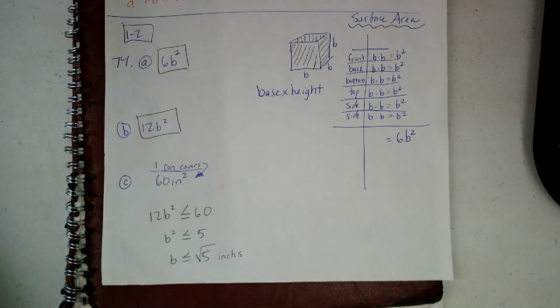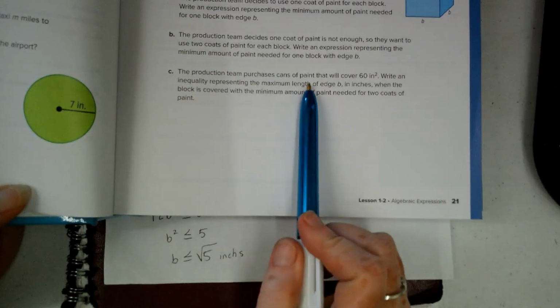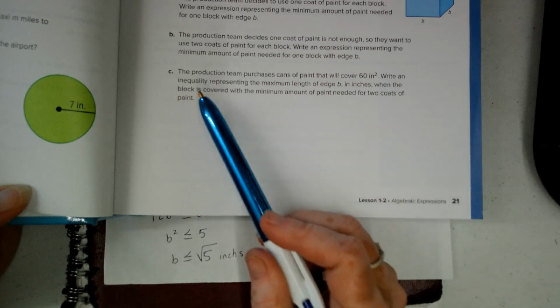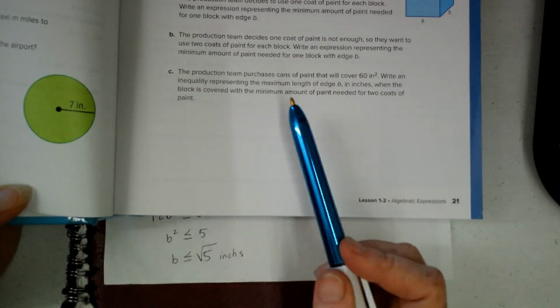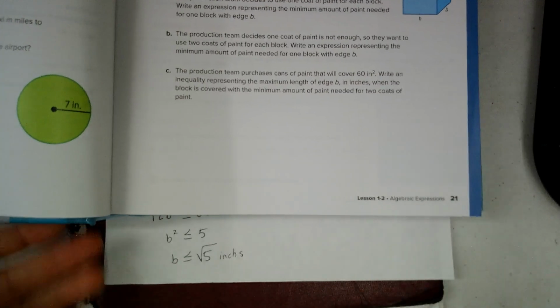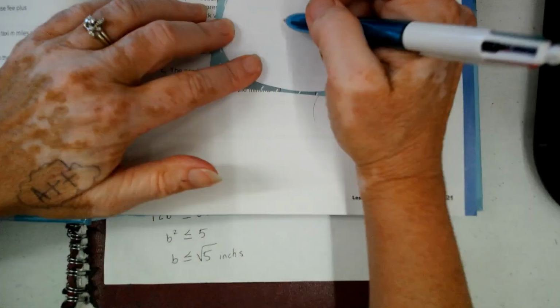And then letter C says the production team purchases cans of paint that'll cover 60 square inches. Write an inequality. So an inequality isn't an equal sign. It's these ones that look like this.